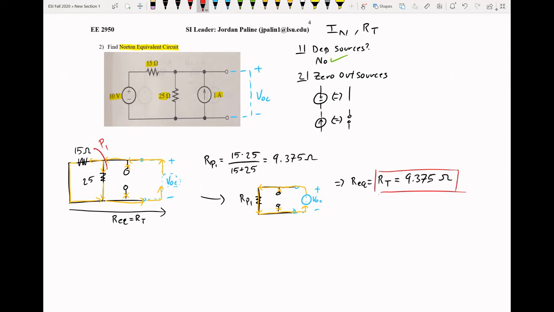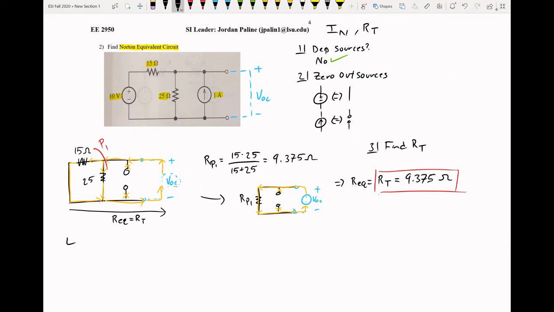The next part, we need to find the I short circuit. We've got a couple options, but what we're going to do is go back to our original circuit. This is step 3, by the way, find R Thevenin.